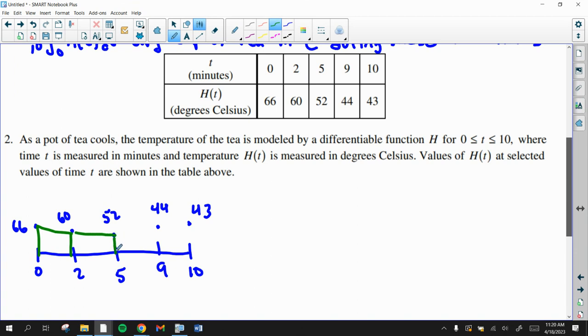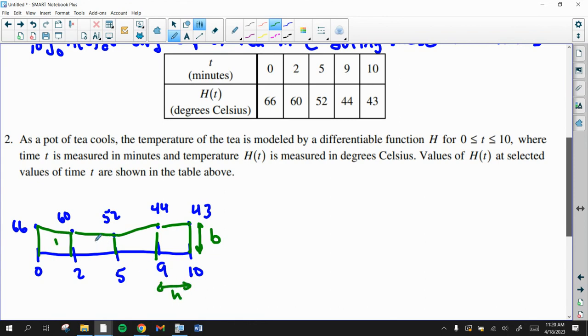Here's the second one. Here's the third one. And here's the fourth one. So now the approximate integral from 0 to 10 is all the areas of these trapezoids. The bases are each of these. The heights are each of these.